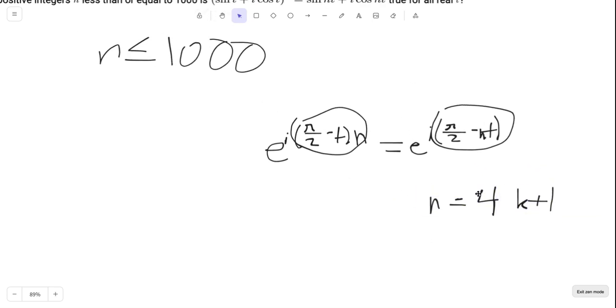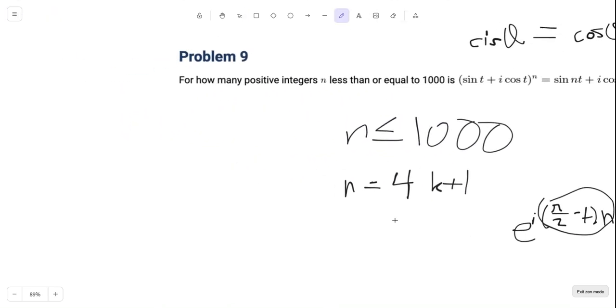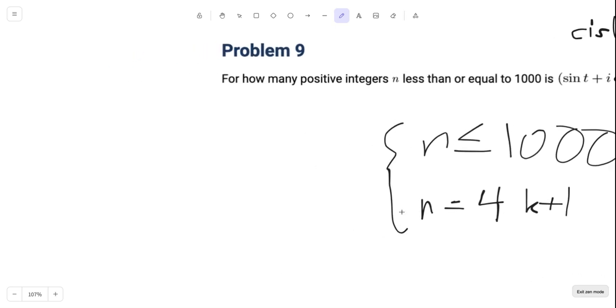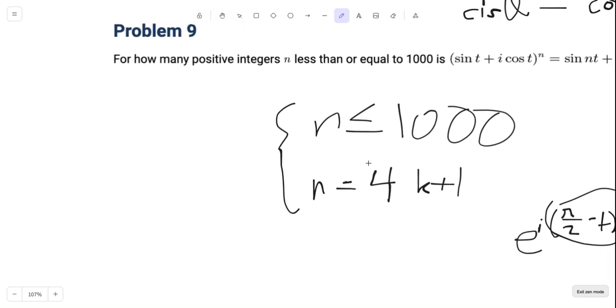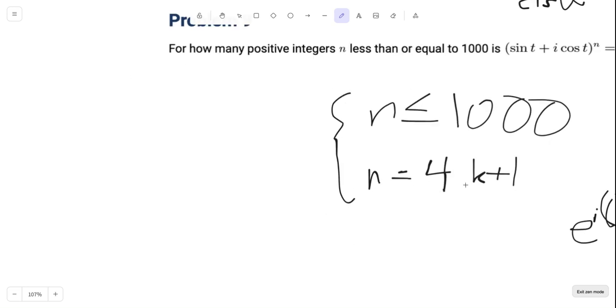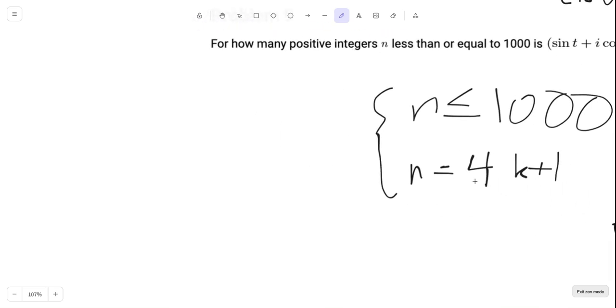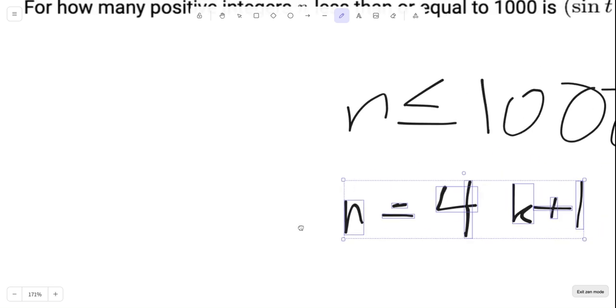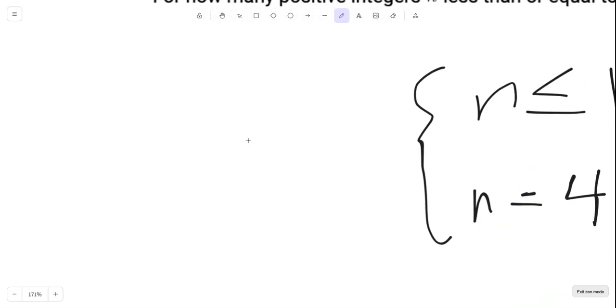Now that we have the general form of n, we can put together these two restrictions. It's asking how many positive integers satisfy these two. If it's one more than a multiple of 4, it can be 1, 5, 9. But you have to be careful here, we can be off by 1 easily.